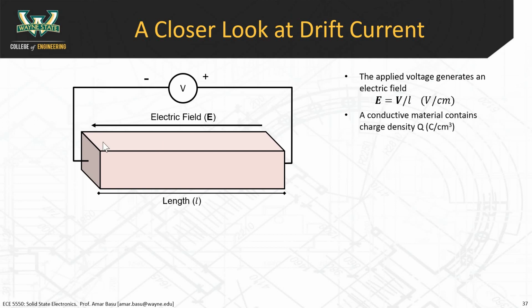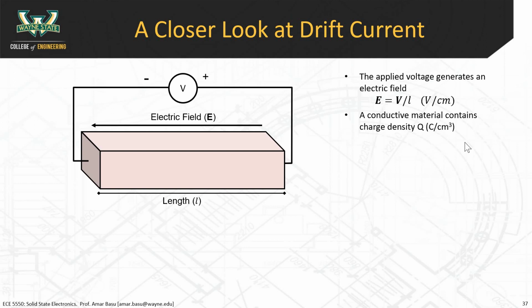Your conductive material contains charges. We did that in last class. We figured out how to calculate the electron and hole concentrations. Now, for simplicity's sake, this diagram is just showing electrons. The units for charge density would be given in coulombs per centimeter cubed. Last time in class, we talked about electron concentration.